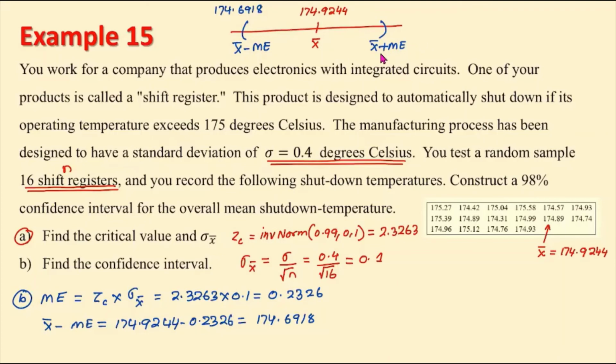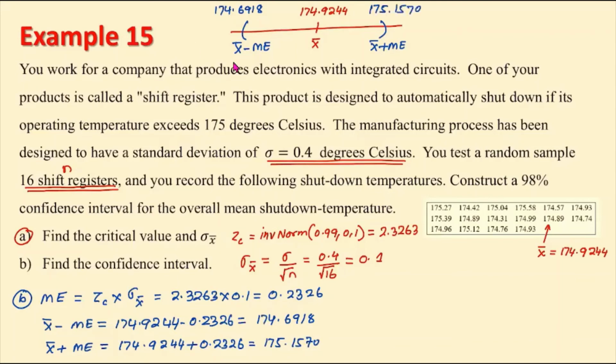Now for the upper boundary, we have to add the mean and margin of error. Mean plus the margin of error is 174.9244 plus 0.2326, which is equal to 175.1570.